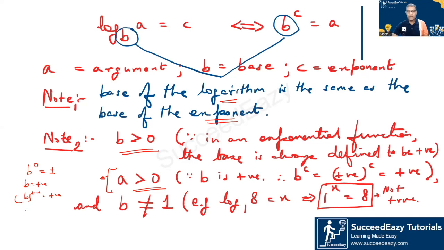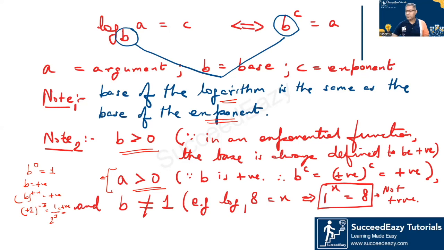But if b is negative, let's say it is minus 2, if you raise it to, let's say, a negative power... the base is always positive. If you take the base as positive 2 and you raise it to a negative power, let's say minus 3, then that is the same thing as 1 upon 2 to the power 3. So that is also going to result in positive, right? So I hope this point is clear, that the base is always positive because it is in an exponential function.